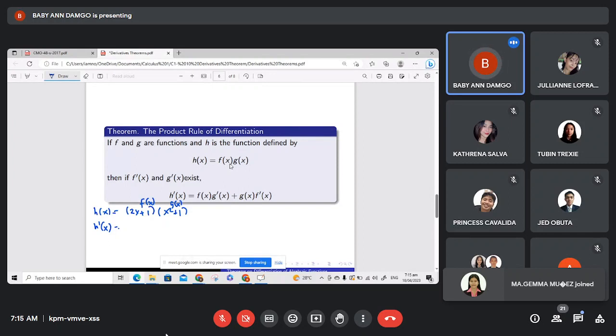Okay, so this is equal to f of x, so copy that f of x, so this is 2x plus 1, and then find the derivative of the g of x. So, ang derivative ani is 2x.